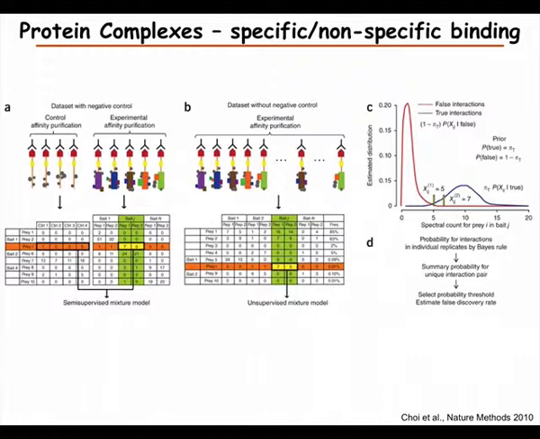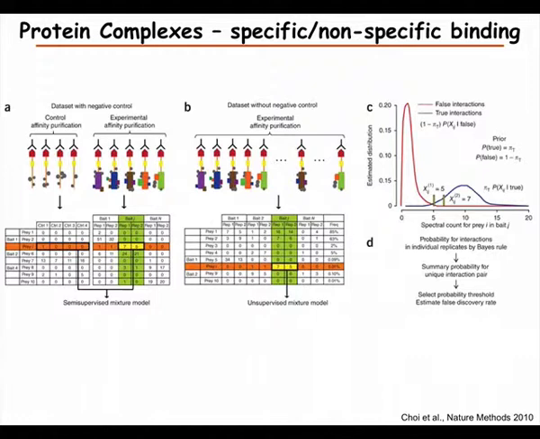A conceptually quite similar method, which is nowadays more used, is SAINT, which is also based on having several experiments, and you can do this comparison within an experiment and over many experiments.